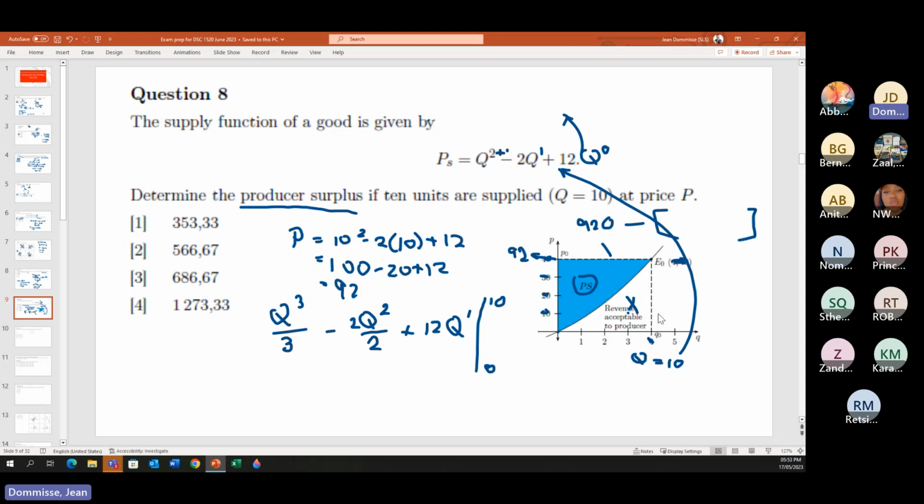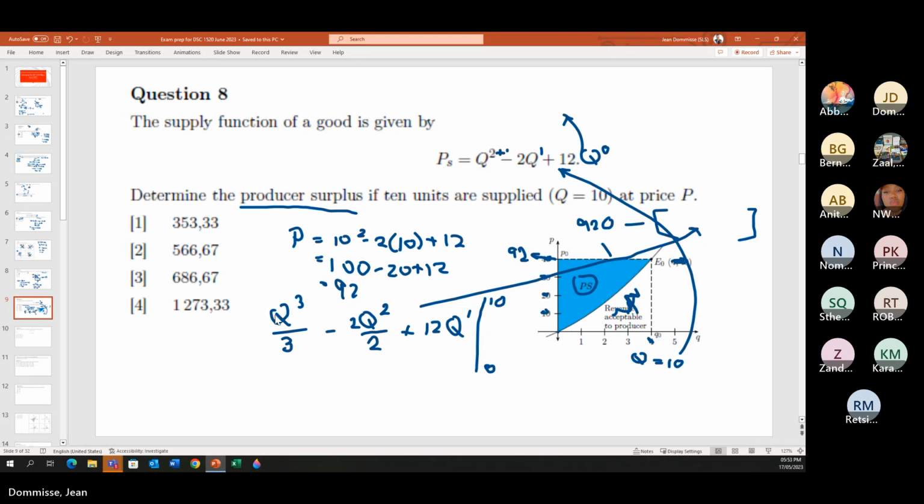So whatever this gives us, because it will be equal to this thing here at the bottom. Okay, so the easiest is to put in 0. But let's put in 10.